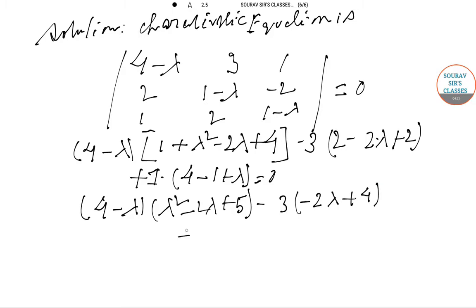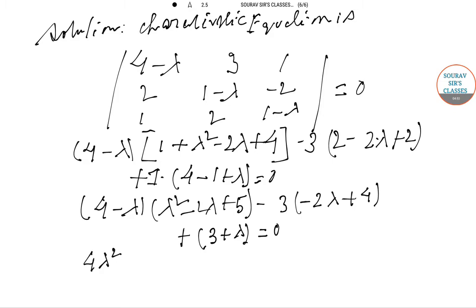And then you are left with 3 plus 1 lambda, and that is equal to 0. Okay, now you go ahead solving the problem.